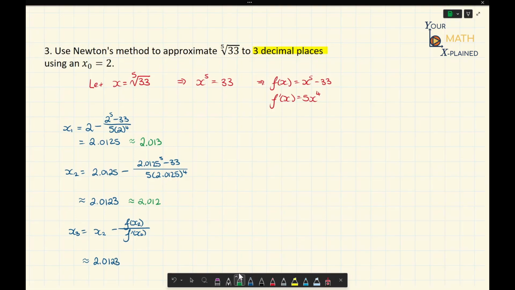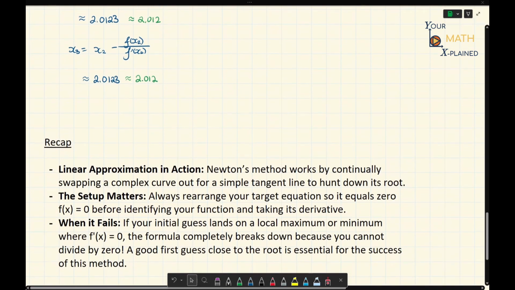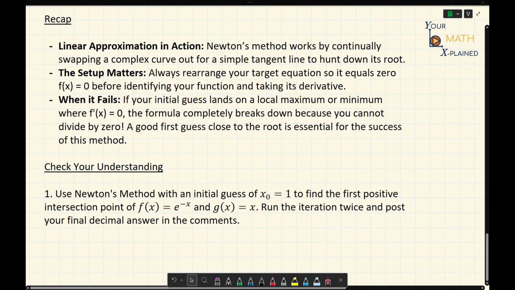But we don't care about all those decimal places, because if we round this to the third decimal place, this is 2.012. And now our x2 and x3 are the same. So this is where we can stop. So therefore, our answer for the fifth root of 33, accurate to 3 decimal places, is going to be 2.012.